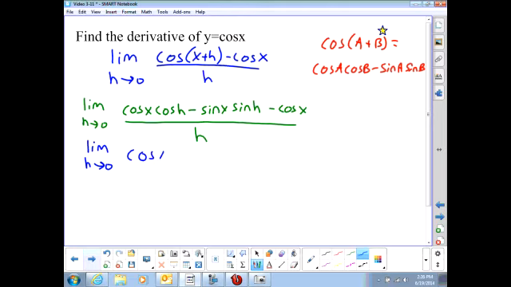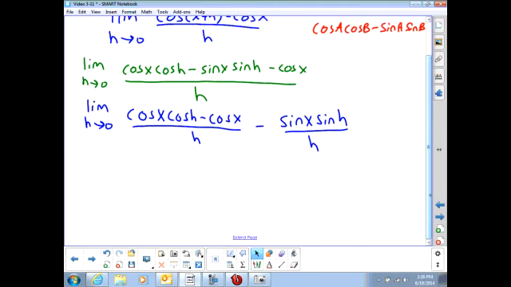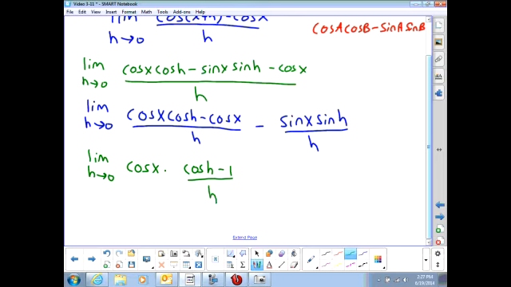We'll have cos x cos h minus cos x all over h minus sine x sine h all over h. And we'll pull out a cos x. So we'll have cos x times cos h minus 1 all over h, minus, and we'll rewrite this as sine x times sine h over h.